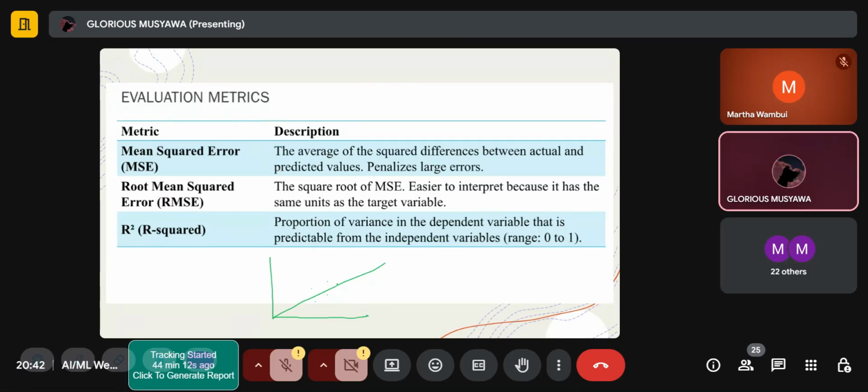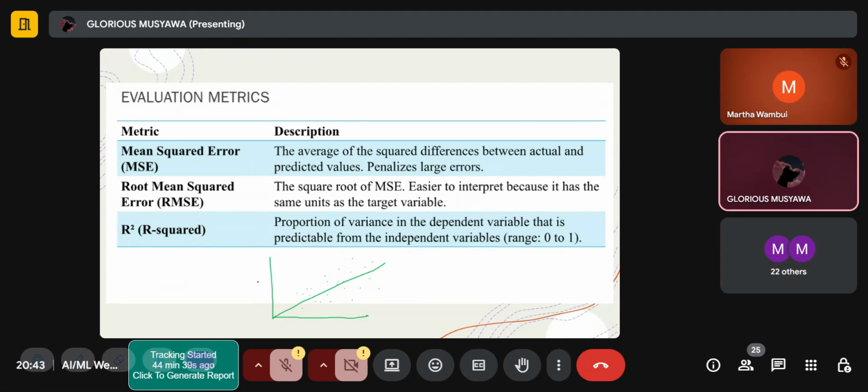I hope you can see. Let's say this is what my model has predicted, and this is the actual values that it should have predicted, the red one. Now the dots are too small.